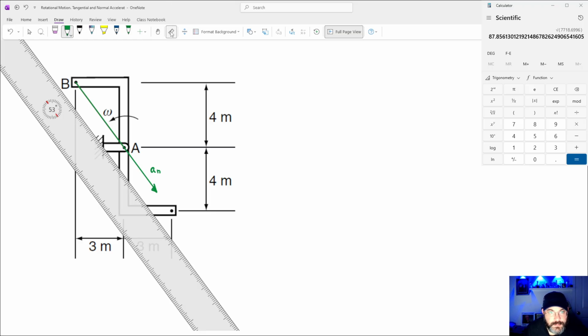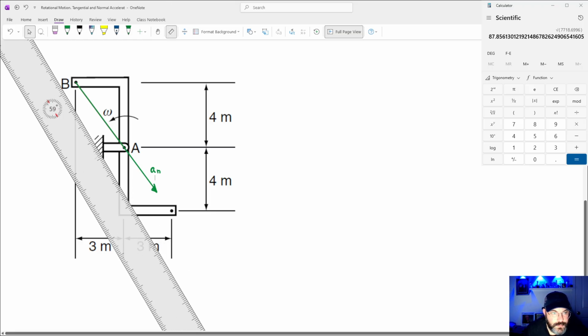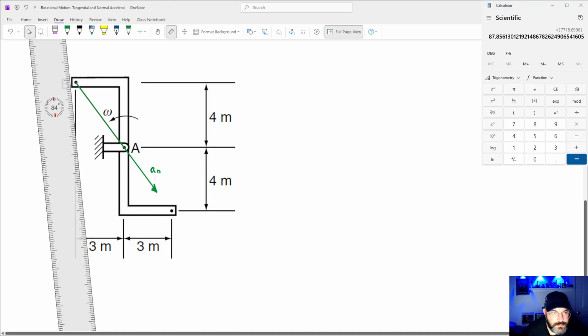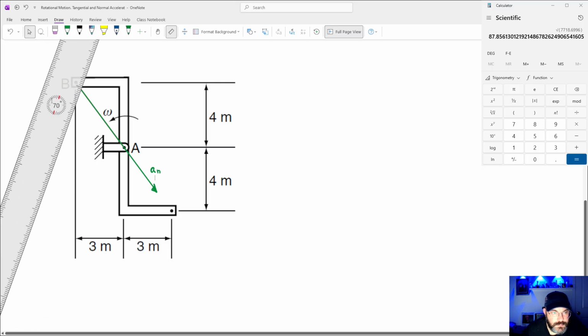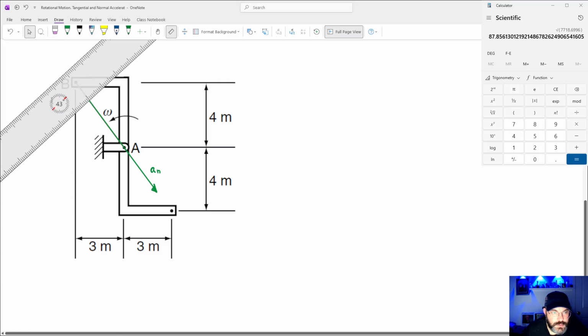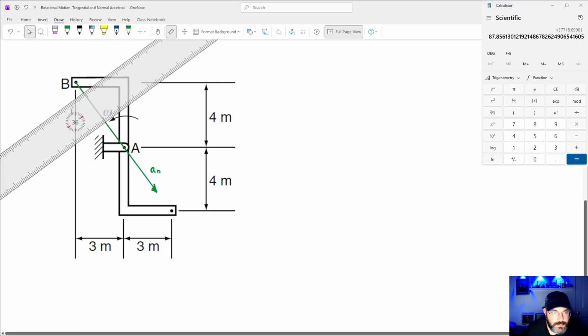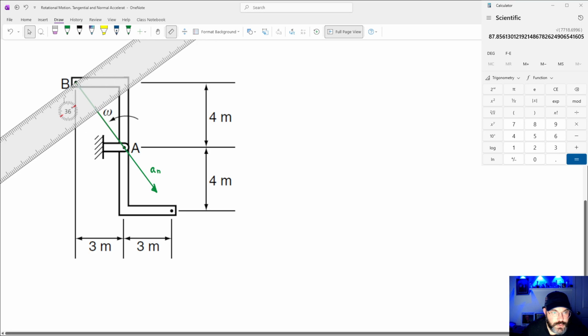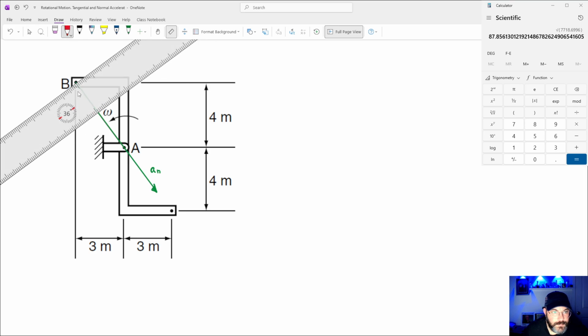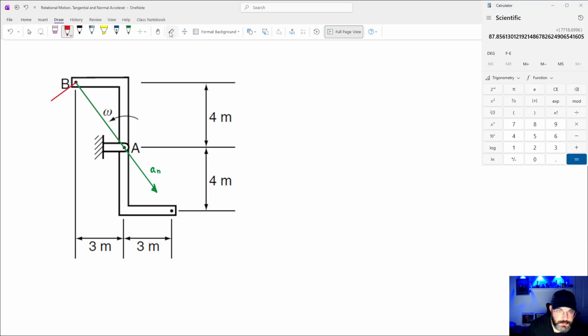Okay, so then we will draw tangential, which is going to be much shorter and perpendicular to our radius.